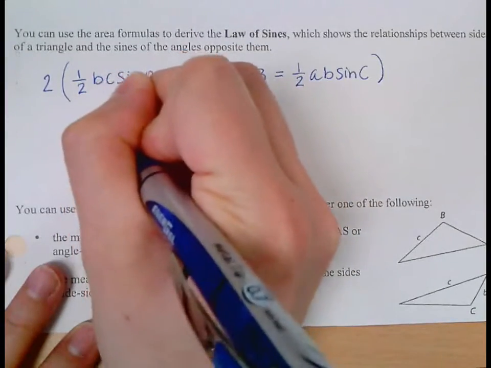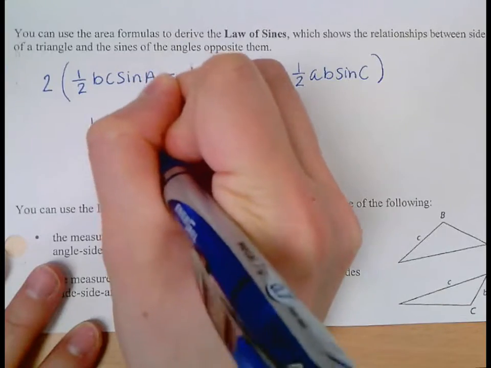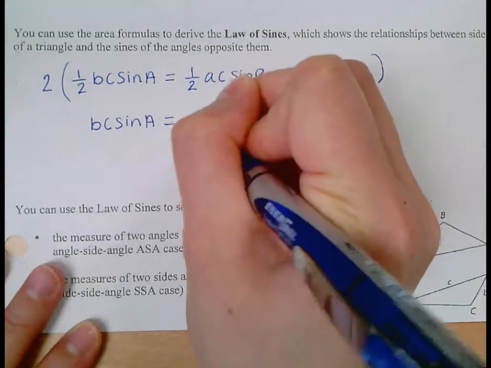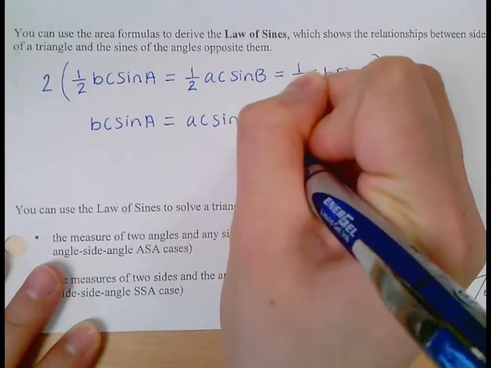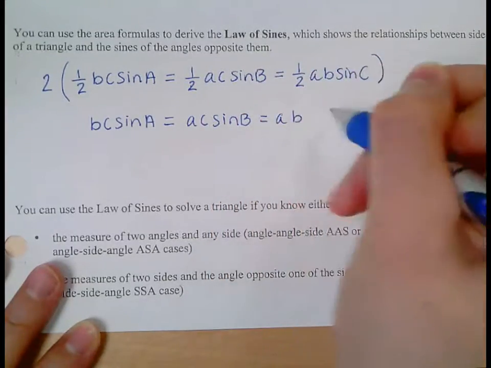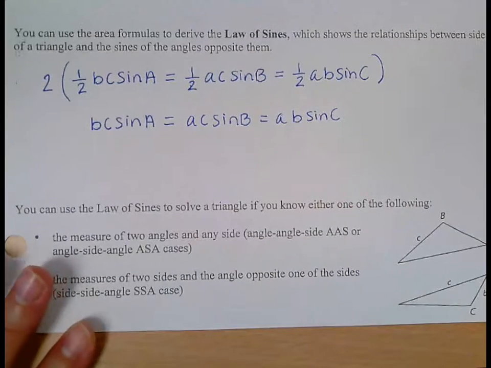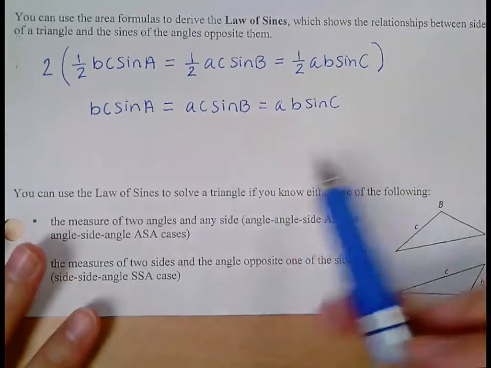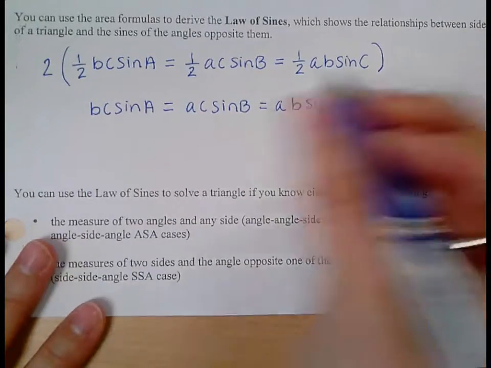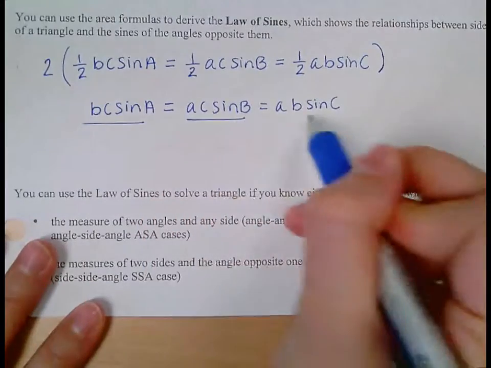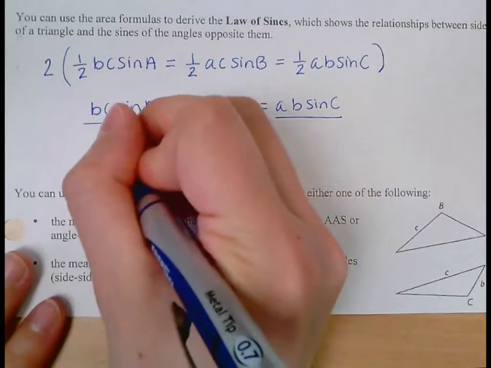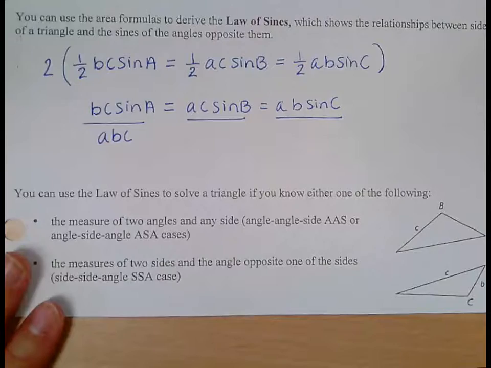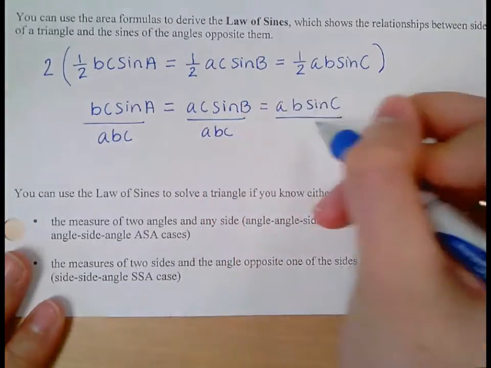So then I would just have bc sine A is equal to ac sine B is equal to ab sine C. And then to get to the law of sines, I'm going to divide all three by the product abc, the product of all three side lengths.